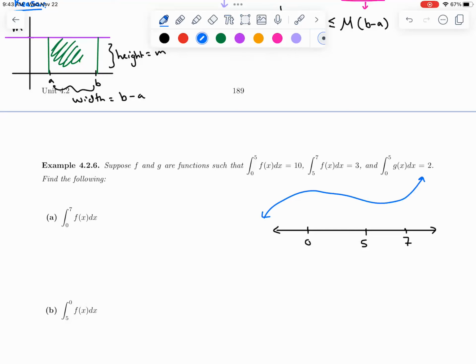This is our f of x. We don't know what it is, it's just some function. Now, what we do know, I'm going to highlight it in green, is this piece. This is known. And then this piece here is also known.